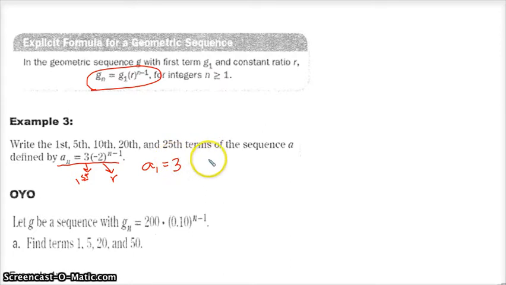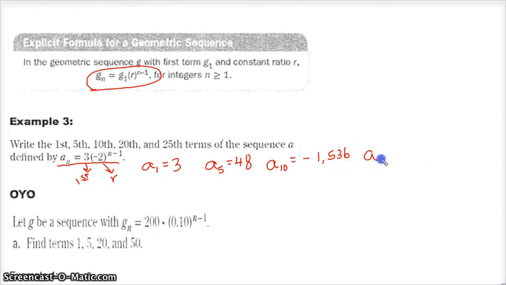Now, to find the fifth term, I'll plug in 5 for n. It'll be negative 2 to the 4th power times 3, which equals 48. The 10th term should be negative 2 to the 9th power times 3, which is negative 1,536.